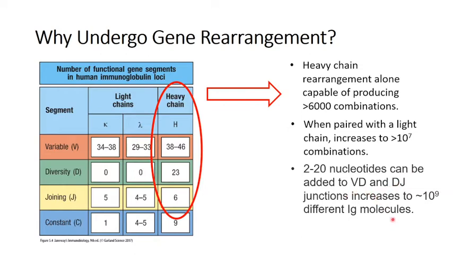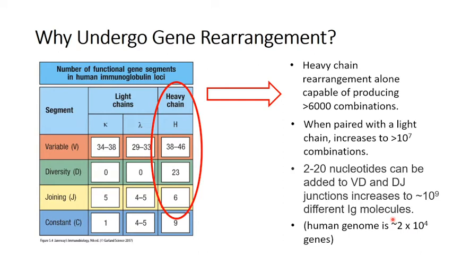That pushes the number of possible antigen specificities to around 10 to the 9, which is several orders of magnitude bigger than the genome. So by undergoing gene rearrangement, we can generate all these receptors, which you could never do if they were hardwired into the genome.